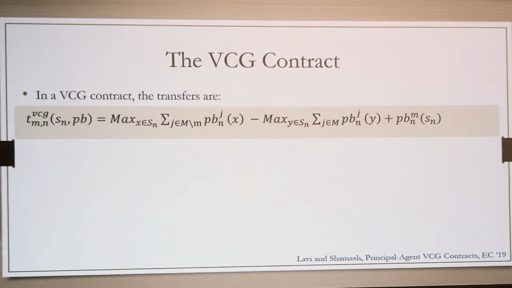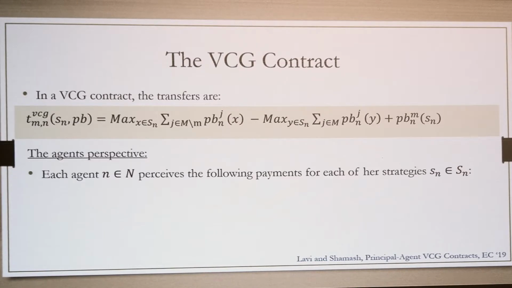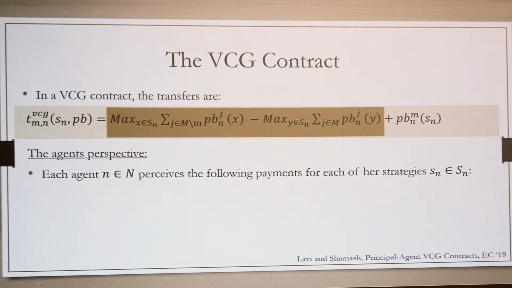So what is the VCG contract? This is the VCG contract. It looks a bit complex. The first T is for transfer. The T in the VCG is that principal M will pay agent N for choosing strategy Sn is equal to this. So what does the agent see? The agent sees this first and second term as constant. It has nothing to do with the agent's choice, nothing to do with whichever strategy agent N will choose.